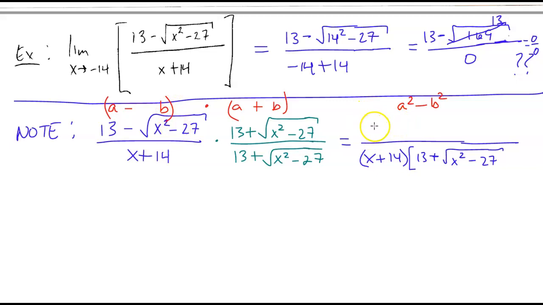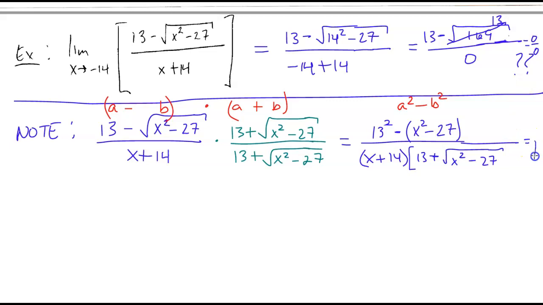So this will end up being 13 squared here minus, and we're going to take square root of x squared minus 27 squared, which will be x squared minus 27, all in parentheses.